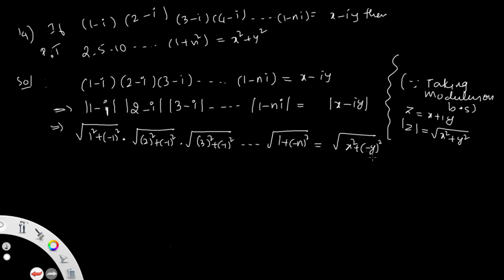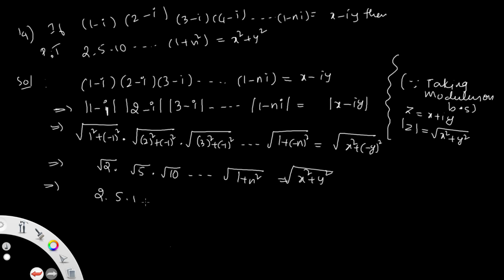So that is minus y whole square. That is nothing but root 2 into root 5 into root 10, and so on, root of 1 plus n square, equals root of x square plus y square. Now squaring on both sides, you get 2 into 5 into 10, and so on, 1 plus n square, equals x square plus y square.